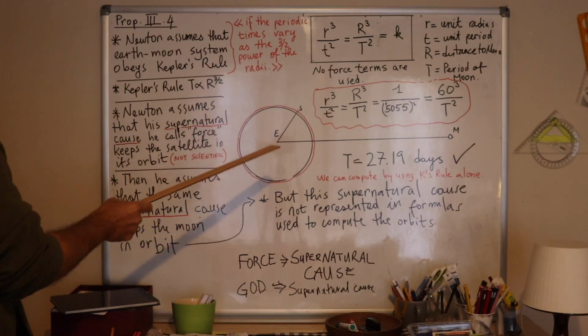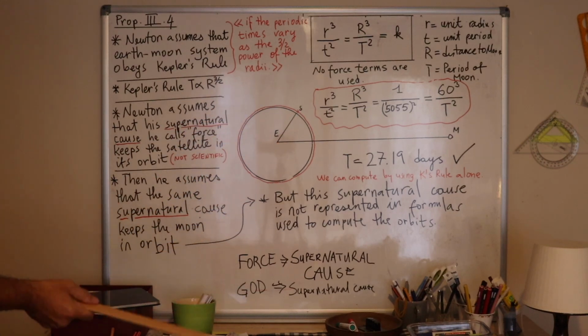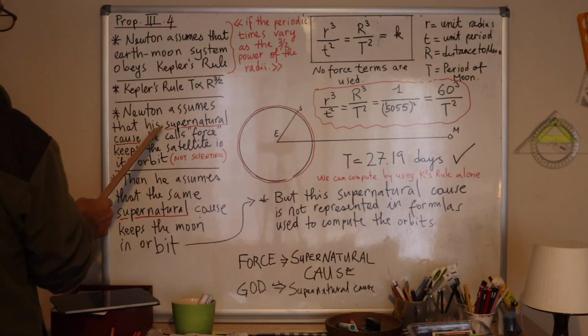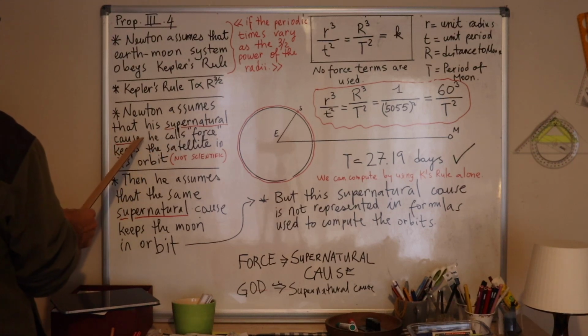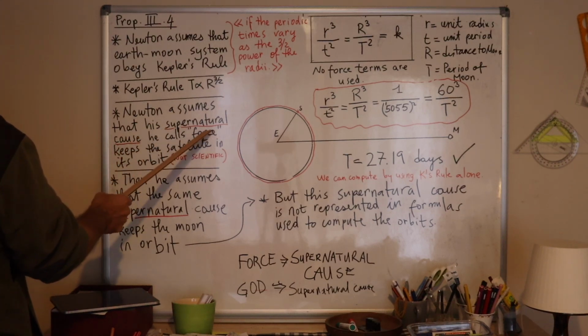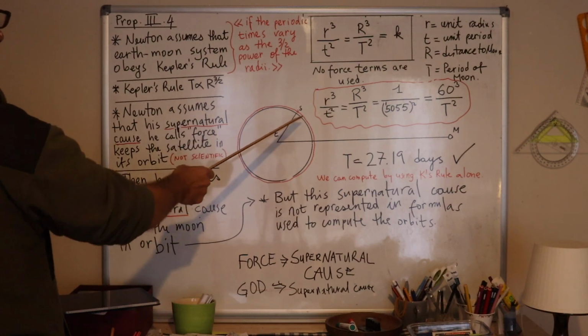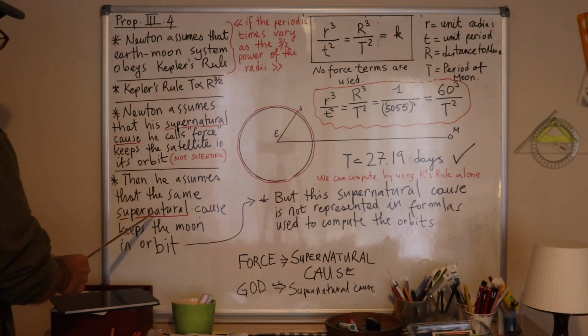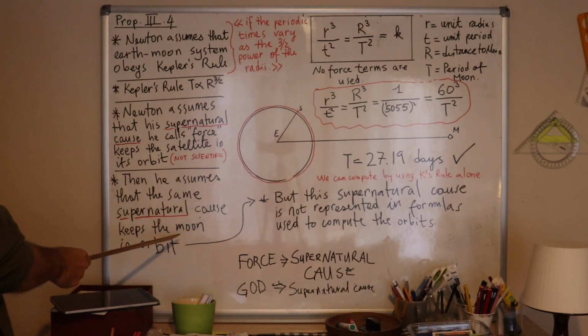But Kepler's rule is not enough for Newton. He wants to use his supernatural cause, which he calls force, to keep the satellite in orbit and the Moon in orbit. The same supernatural cause he calls force keeps the Moon in orbit.